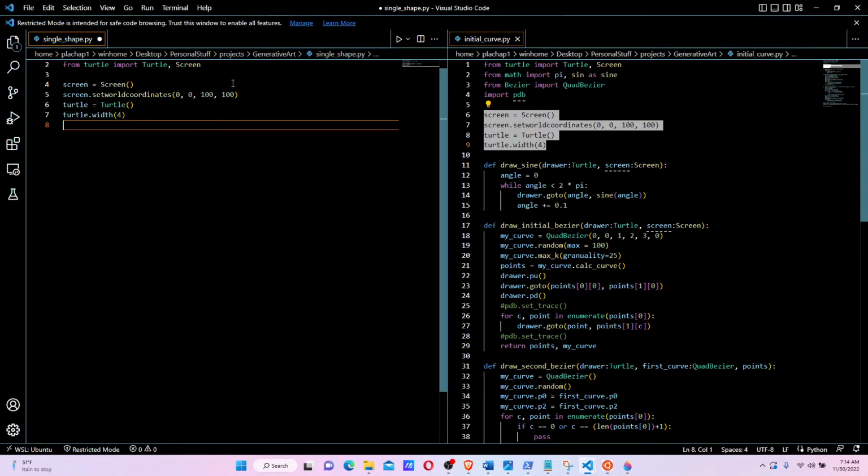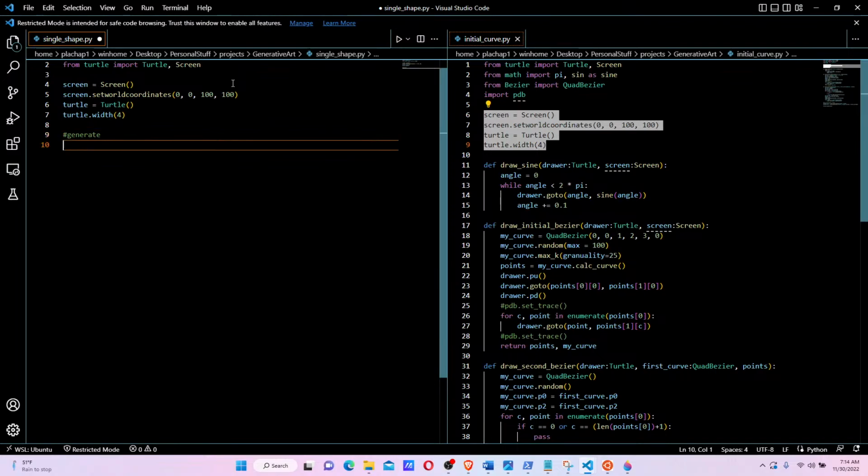Okay, now this is just going to be a script that does this. And then I can organize it into classes and stuff later.